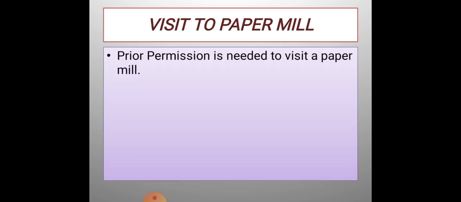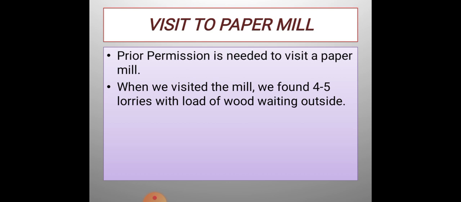So we had a visit to a paper mill, right? And according to the book as well, there's a visit. They explained to us how it works. Before we go to a paper mill, ideally we have to take prior permission in order to go in, so that they can make certain arrangements as well.